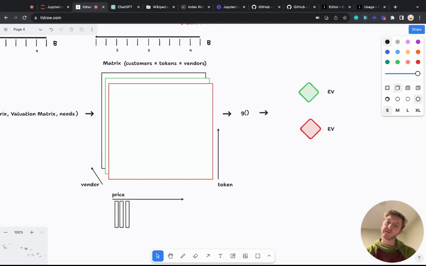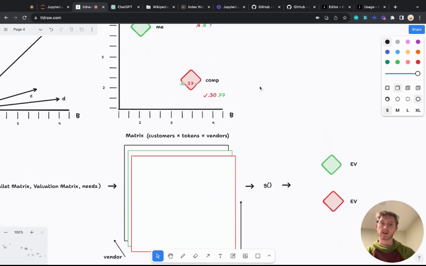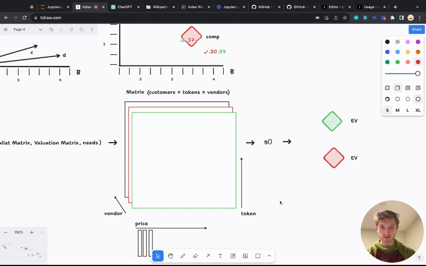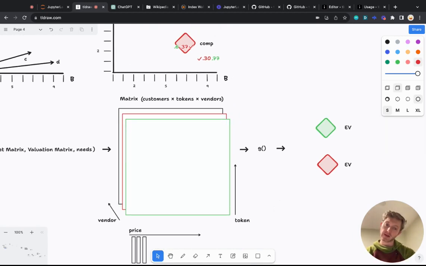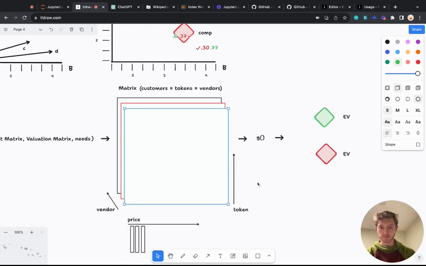Okay. So we're going to pick a vendor, say me, say competitor. We're going to swap these. I'd prefer to think about myself, of course. We're going to pick a competitor, in this case, me.